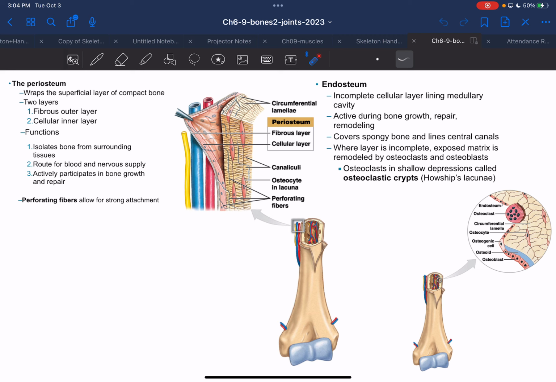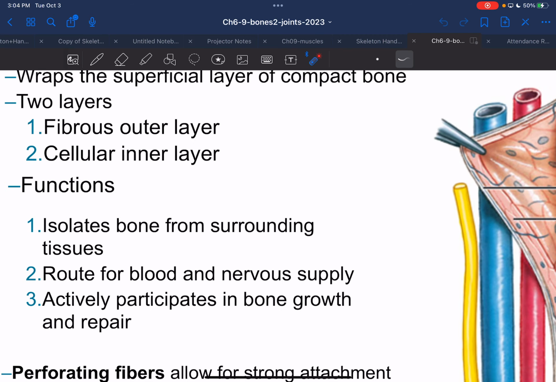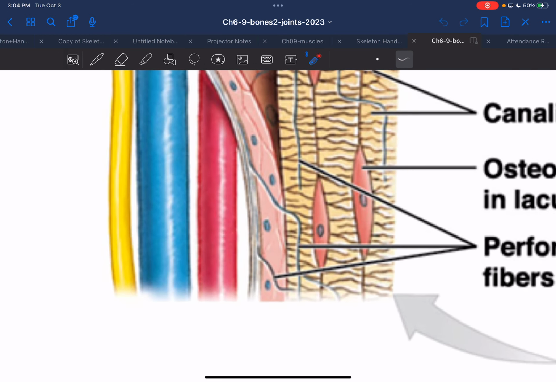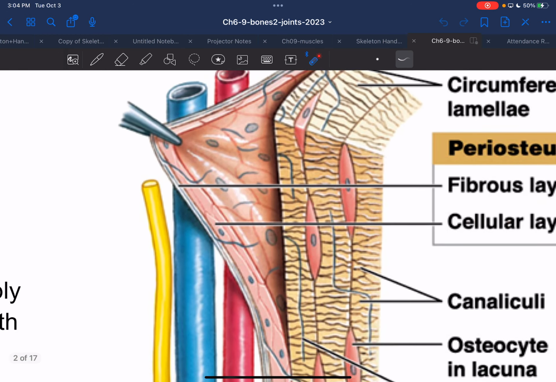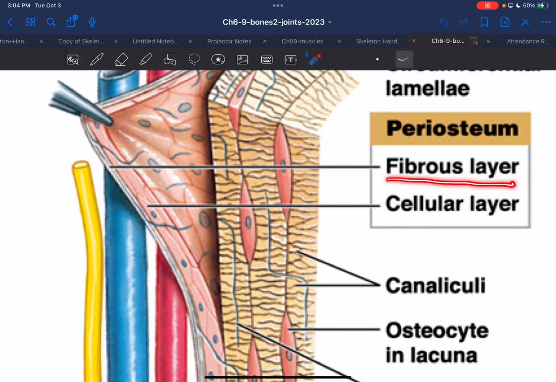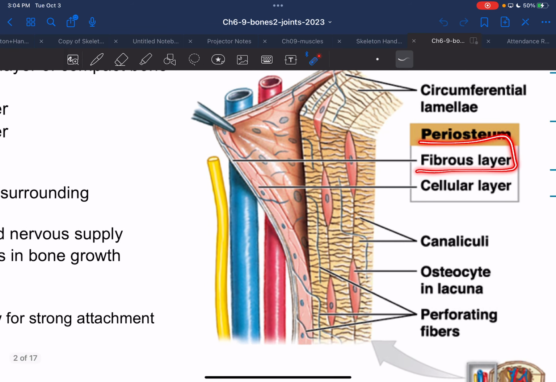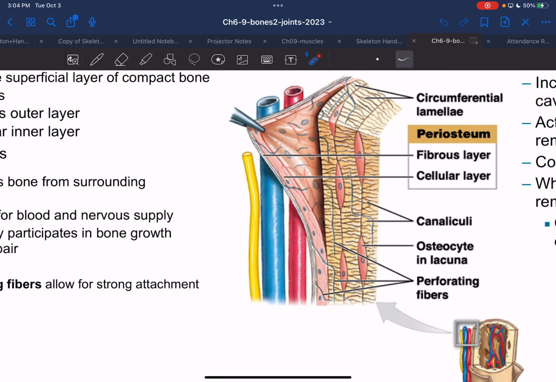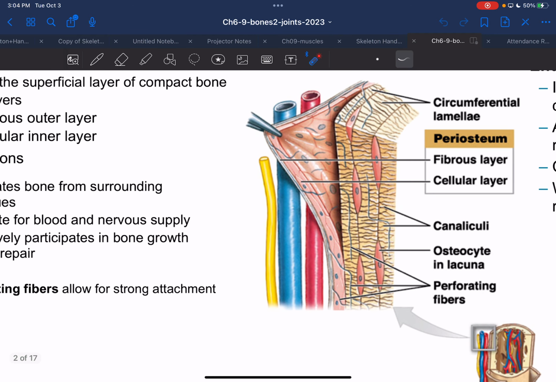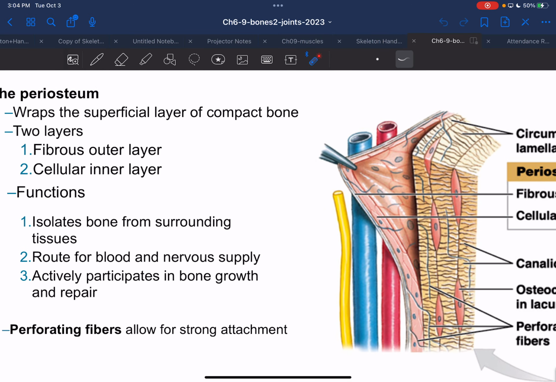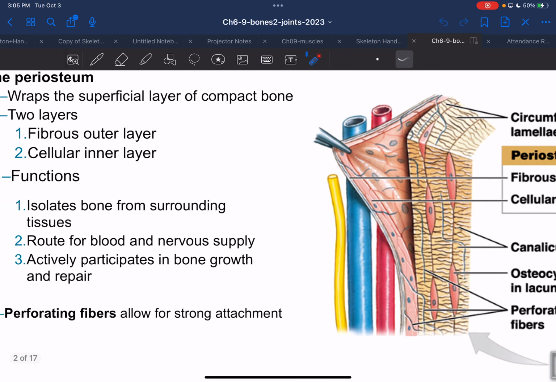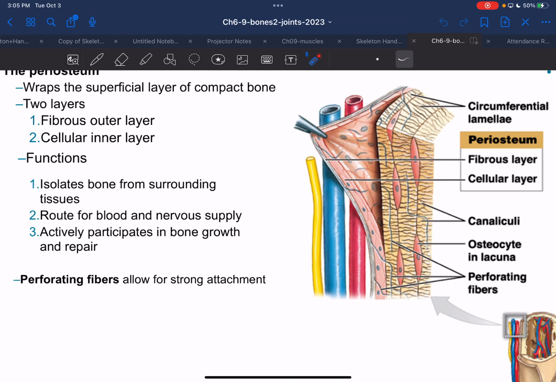It is made of two layers, the fibrous and cellular layers. The fibrous layer possesses fibers, collagen fibers, the protein fibers we've been seeing throughout the course. The cellular layer is where a lot of the cells exist, which is why it's called the cellular layer.